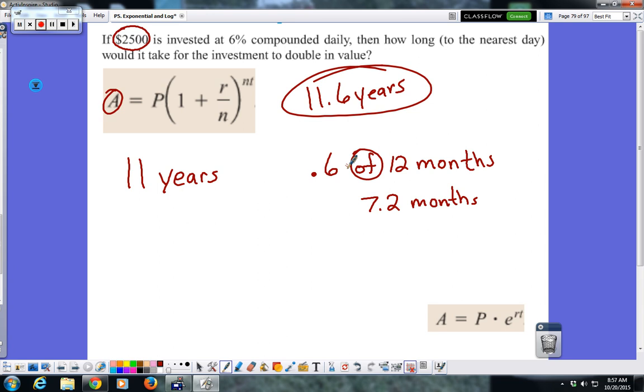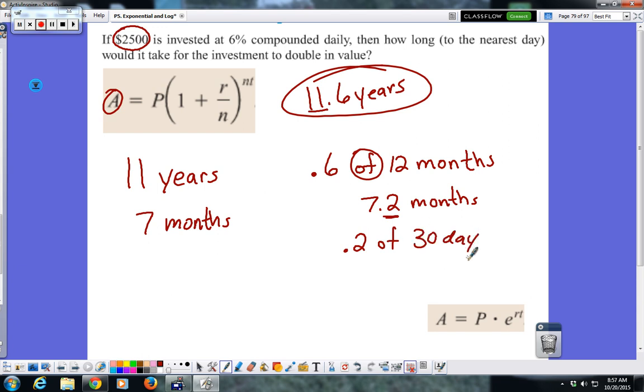So now I've got 11 full years. I've got 7 full months. But does everybody understand it's a little bit over 7 months? So that other 0.2, let's say that on average there's 30 days in a month. If I wanted to take that 0.2 and translate it into days, well, that's not a full 30 days, that's 0.2 of the 30 days.